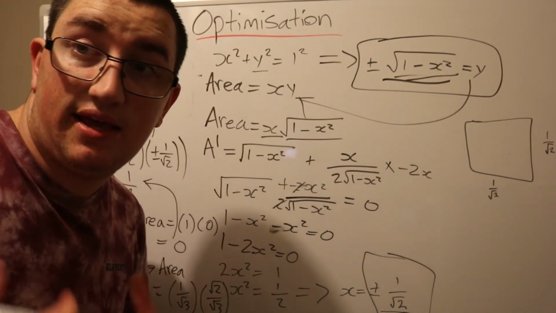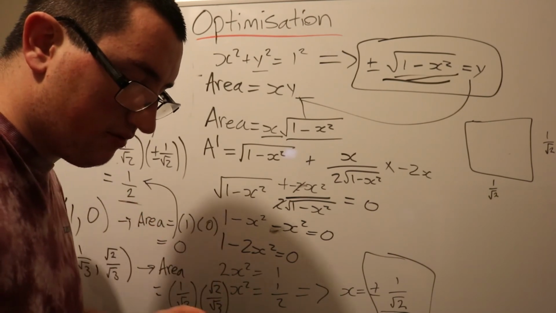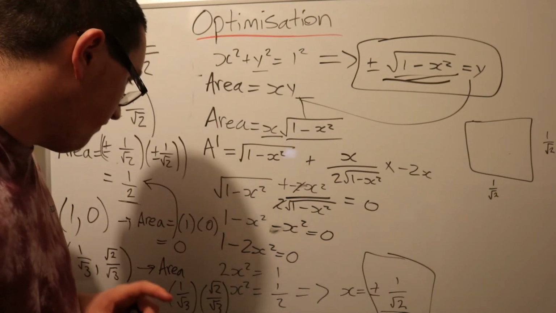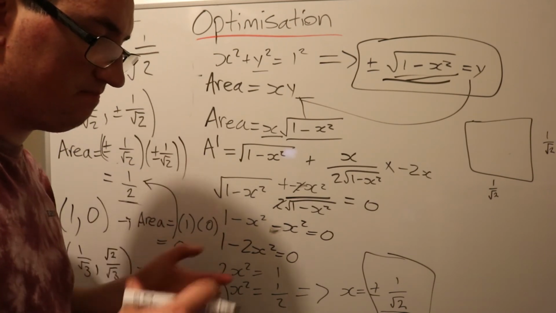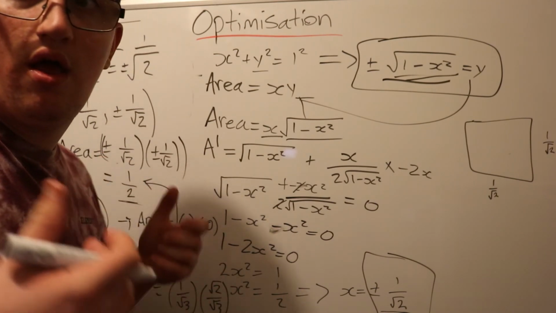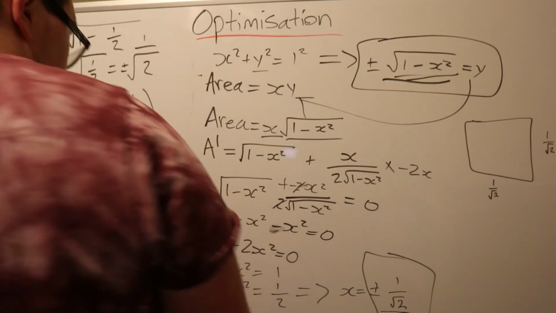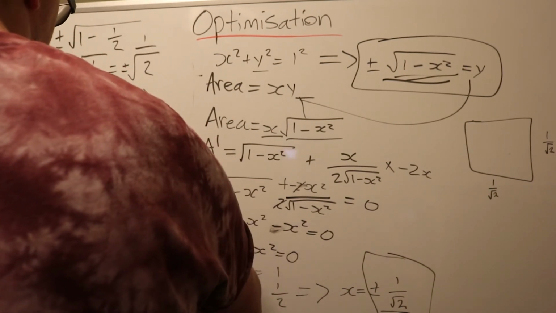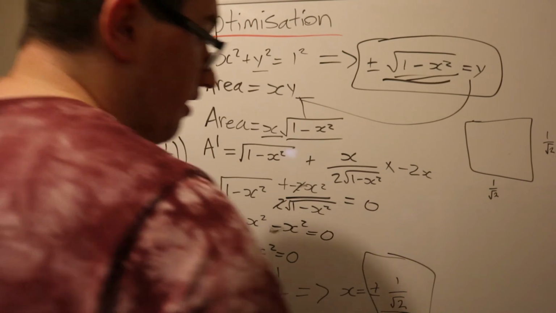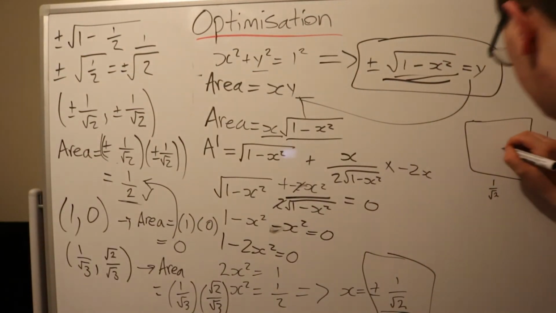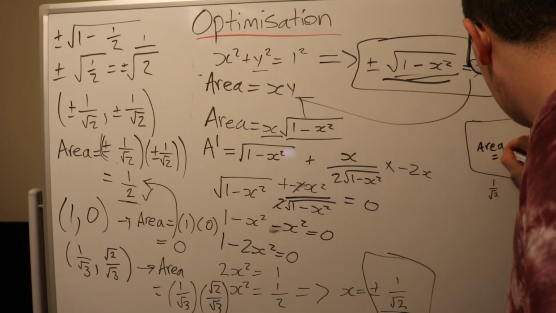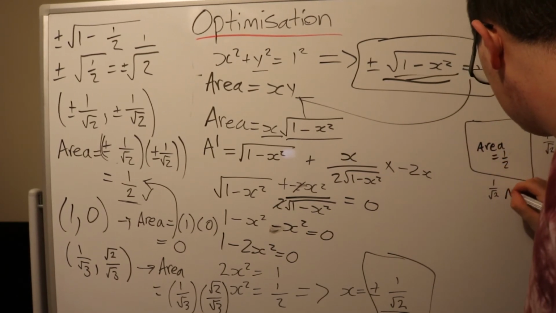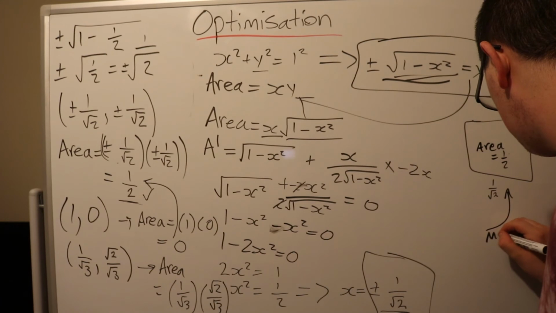So what we're saying is we've found a few points around the 1 over root 2 mark, and we've found that, hey, they're always below that value. So we can say that this area, equal to a half, is maximum.